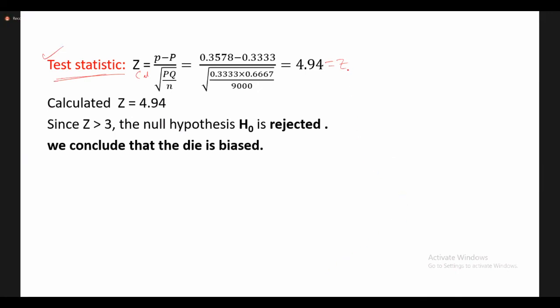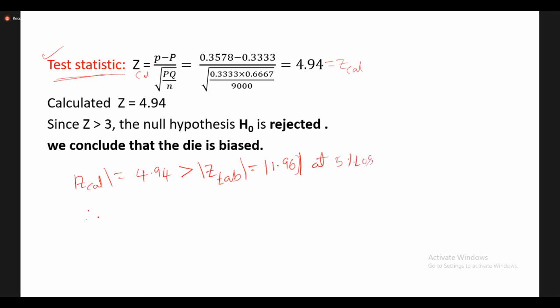Z calculated is 4.94. After that, the same thing, comparison. All of you see here, mod Z calculated is 4.94, which is greater than mod Z tabular value, 1.96, at 5% level of significance.